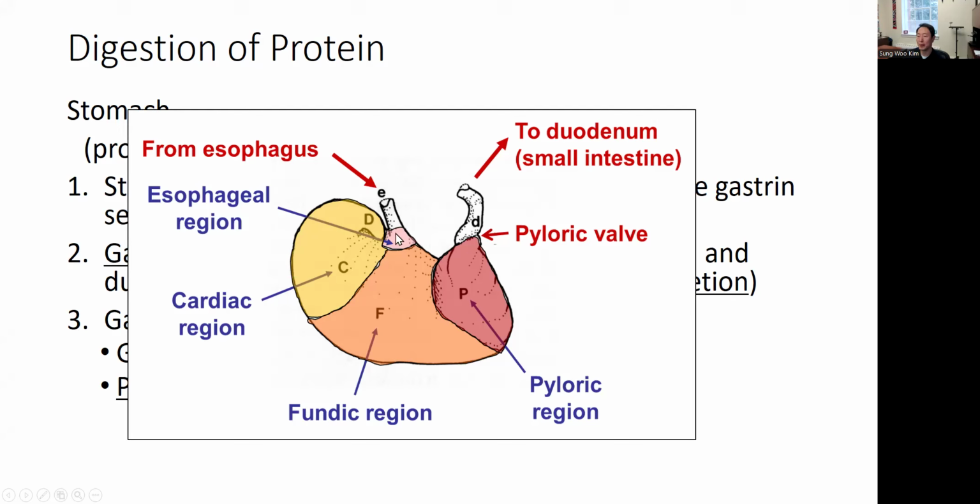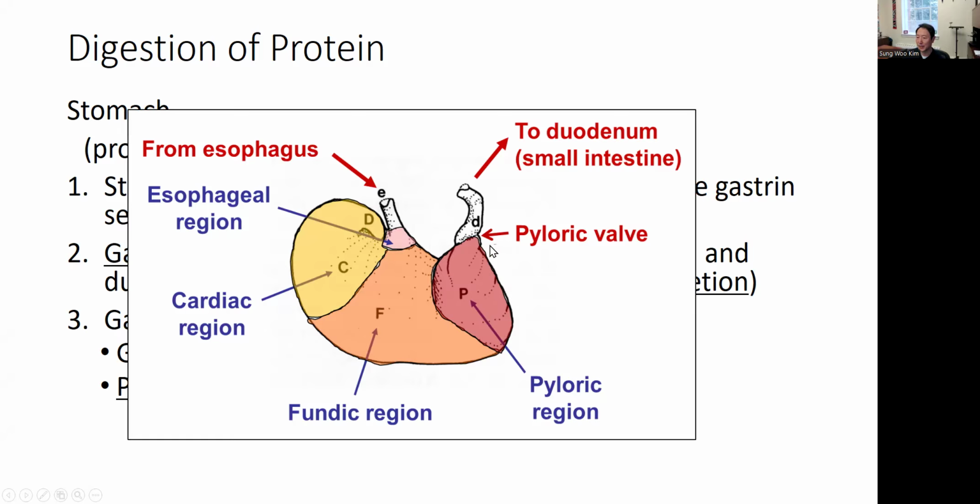This is the very beginning portion of the stomach. One interesting thing is there's no mucin secretion in this esophageal region. Then the first portion of the stomach is called the cardiac region, the main portion is called the fundic region, and the last part is called the pyloric region.